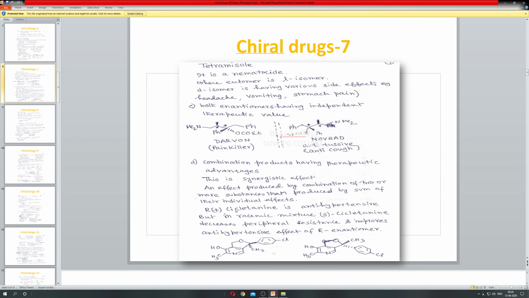So the example is the molecule cycletanin. This is an antihypertensive, meaning a BP lowering agent. In this molecule, when it is used as a racemic mixture, then the effect will be better than the R enantiomer.